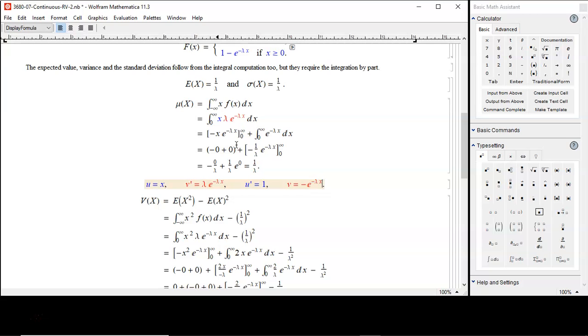And the integration by parts formula: u times v, so we get this, and then go from 0 to positive infinity. And then we have u prime times v, right there. 1 times something, so 1 does not appear.